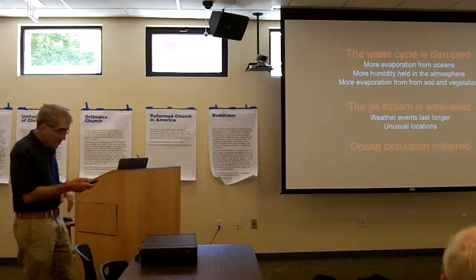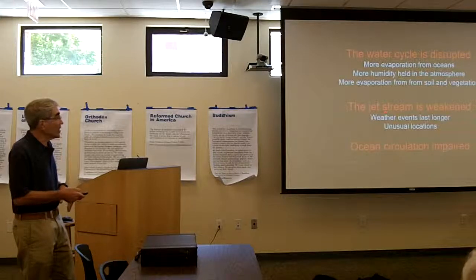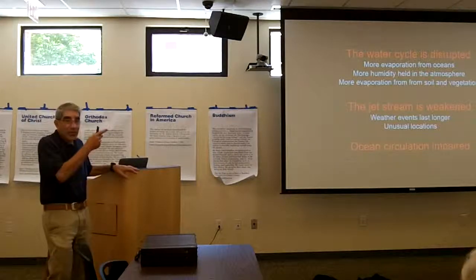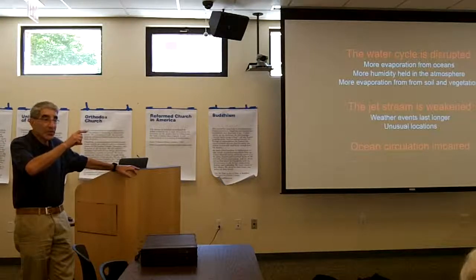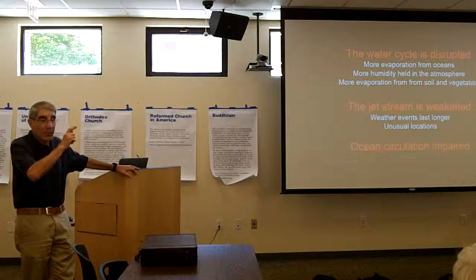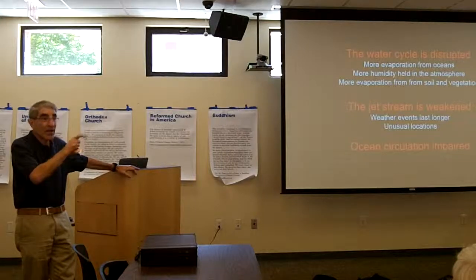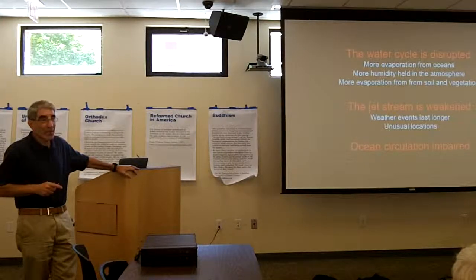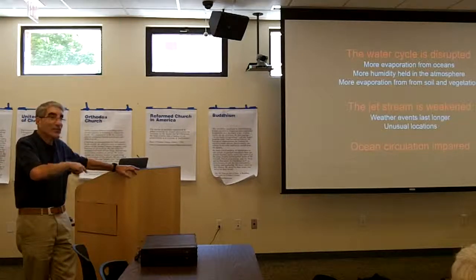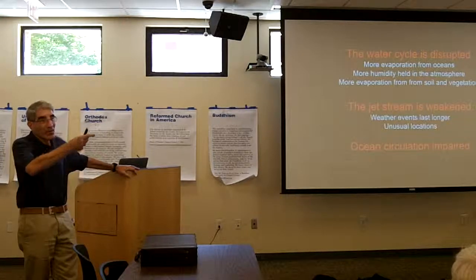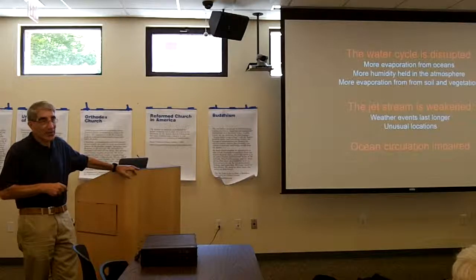The other thing that happens is the jet stream is weakened. And one of the things that I didn't mention when I was talking about the greenhouse effect is that when the planet gets warmer, ice and snow melt. And when ice and snow melt, there's less reflective surface to reflect radiant energy back into outer space.